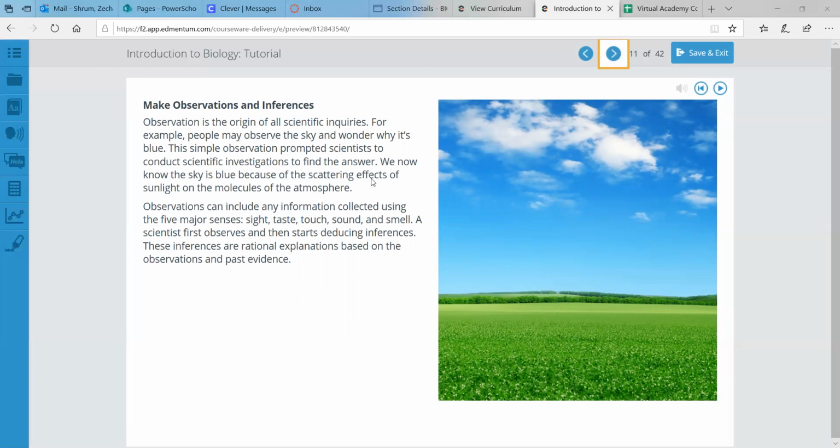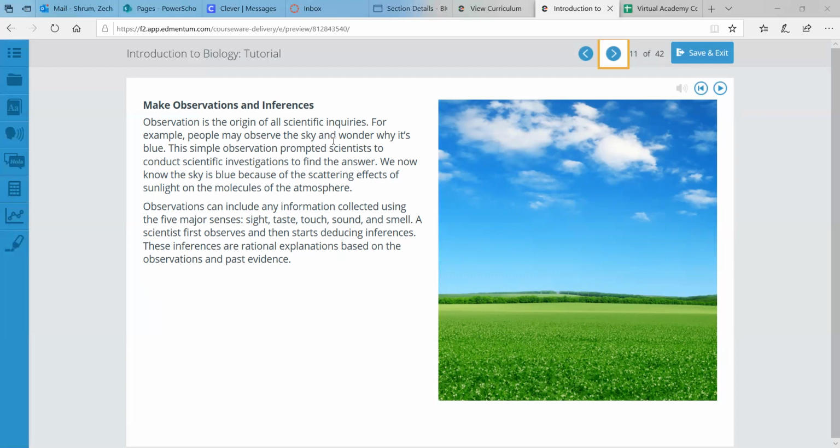And in this example, observation is the origin of all inquiries. They may observe the sky, wonder why it's blue. I know I have, especially when I was a kid. And that prompted scientists to conduct scientific investigations. And today, we now know that it's blue because of the scattering effects of sunlight on the tiny little molecules in our atmosphere.